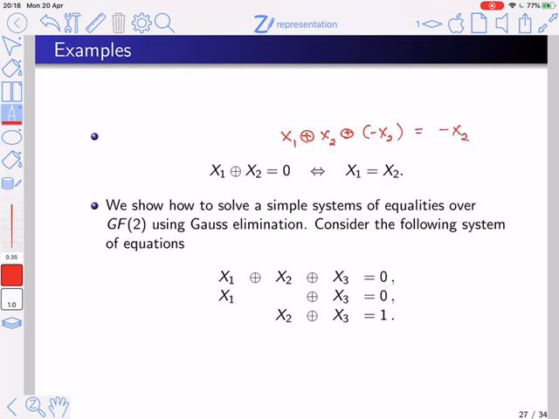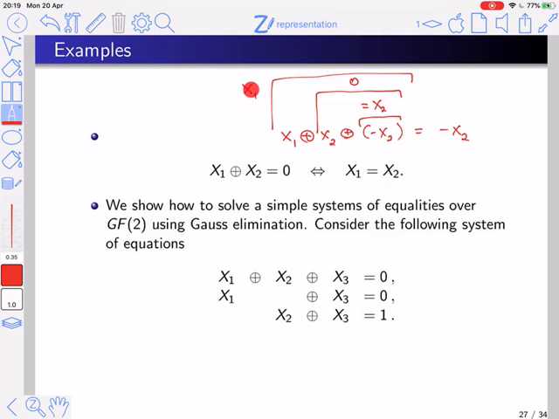Now I know that minus x2 is simply x2, and I know that x2 plus x2 is 0. And I know that x1 plus 0 is x1. So I know that the left-hand side is just x1.